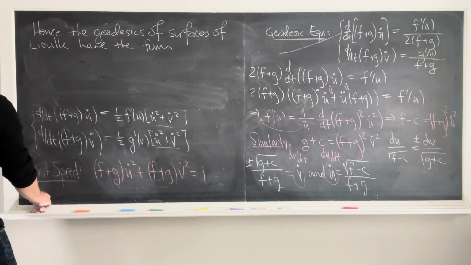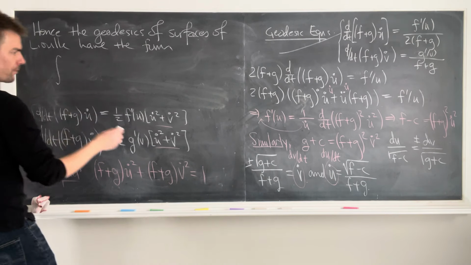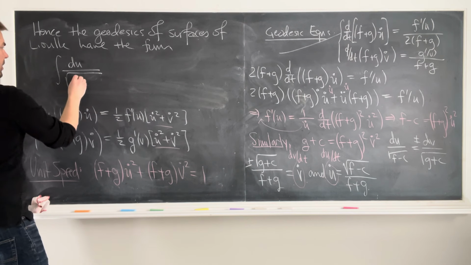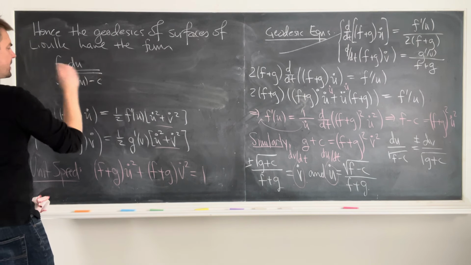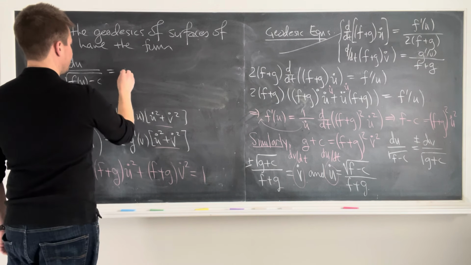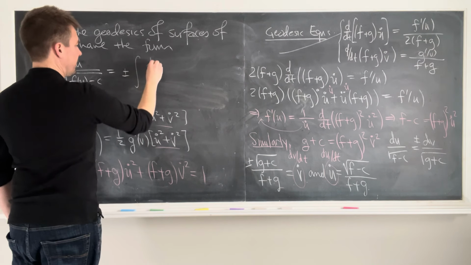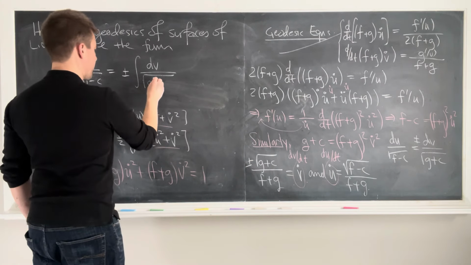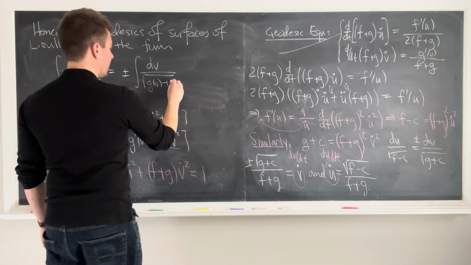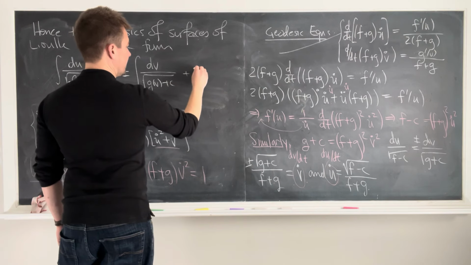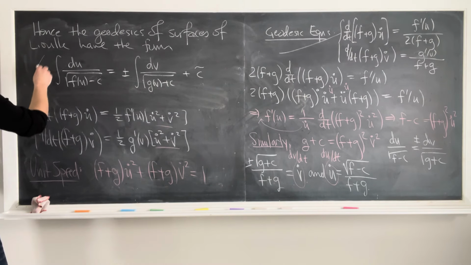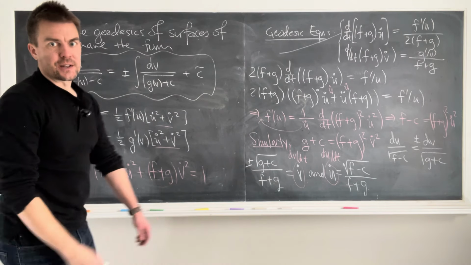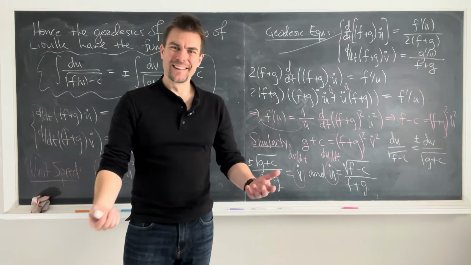They look like the integral of du over the square root of f of u minus c is equal to plus minus the integral dv over the square root of g of v plus c, and then plus another constant over here, c tilde. So in other words, these curves over here, this two-parameter family of curves, are the geodesics of surfaces of Liouville. Thank you very much.